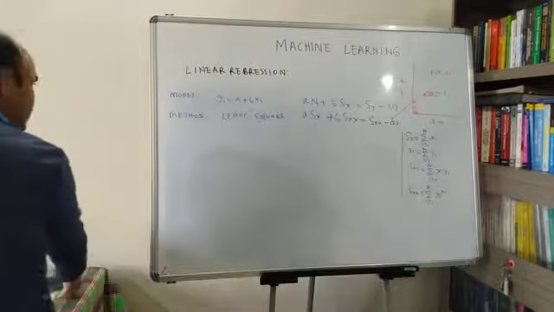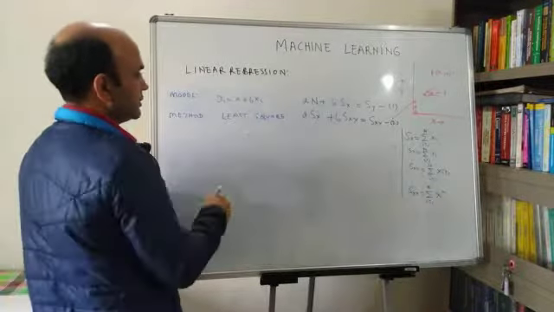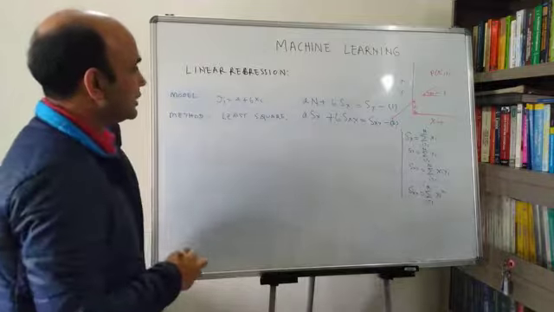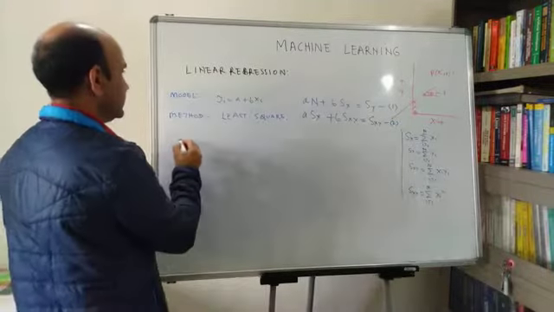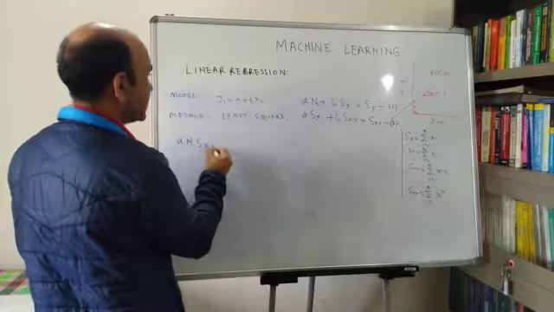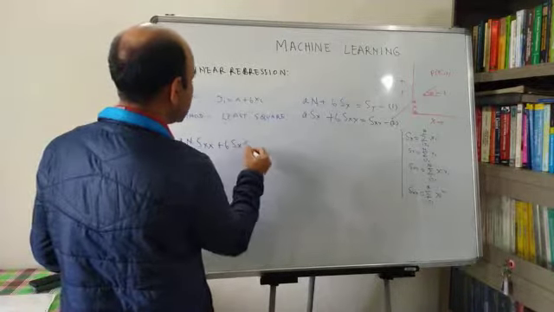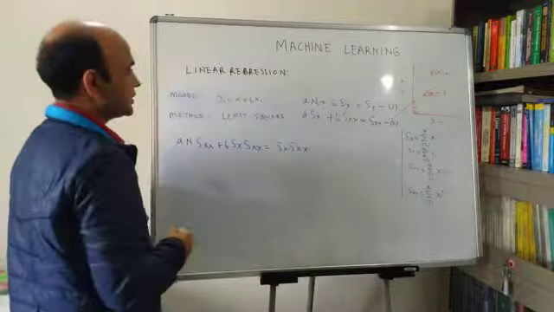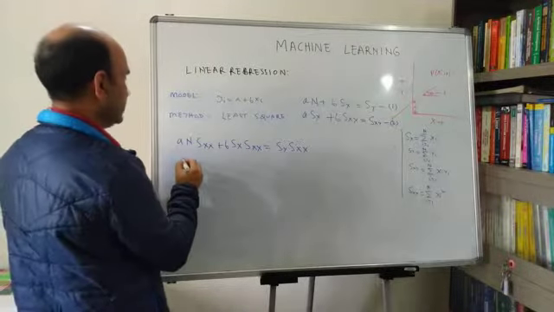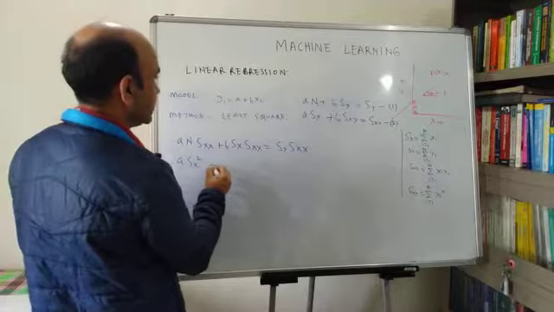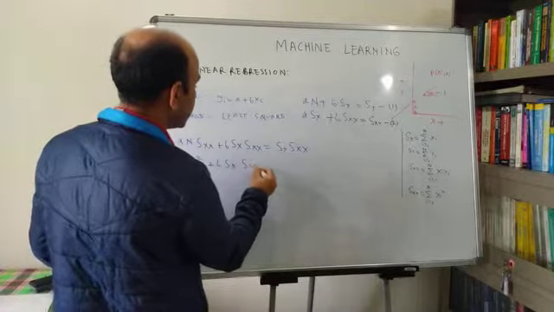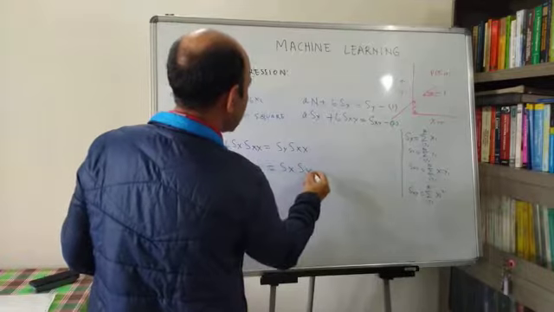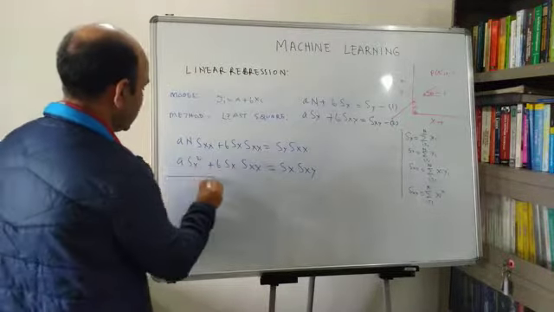So I am showing the explicit solution. Let us eliminate b by multiplying equation number 1 by sxx: a·n·sxx + b·sx·sxx = sy·sxx, and equation 2 by sx: a·sx² + b·sxx·sx = sx·sxy.